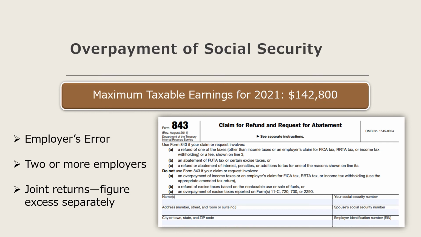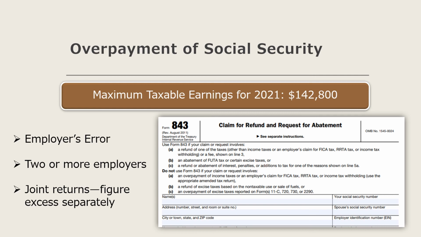And then it is possible that some of our taxpayers may have overpaid on their Social Security taxes. So when we talked about other taxes, we talked a little bit about situations where maybe people didn't pay enough of their Social Security taxes and how that gets reported on the return and calculated and becomes part of their tax liability.